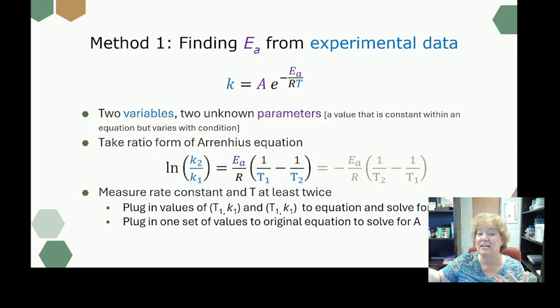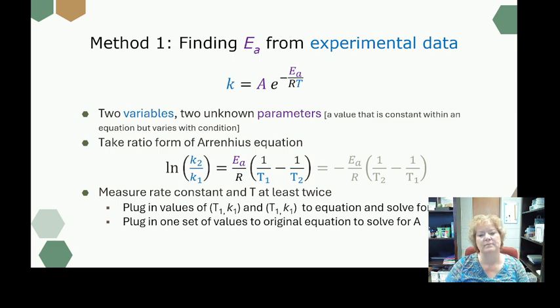So I'm going to measure the rate to get the rate constant. I know the temperature of the reaction. I can use this data to get the activation energy. So when we're doing these, we're going to be involving kinetics data that's got the rate constant or rate and temperature. So I'm going to do a reaction, find the rate constant, and I'm going to do it at multiple temperatures. So I have K and T data that I'm going to use.